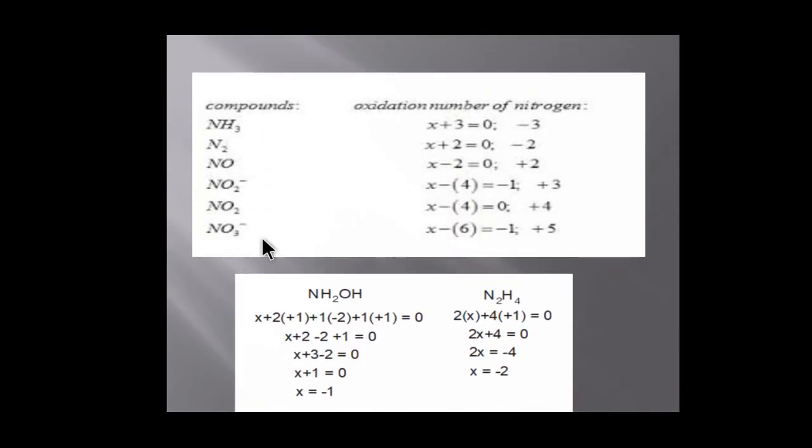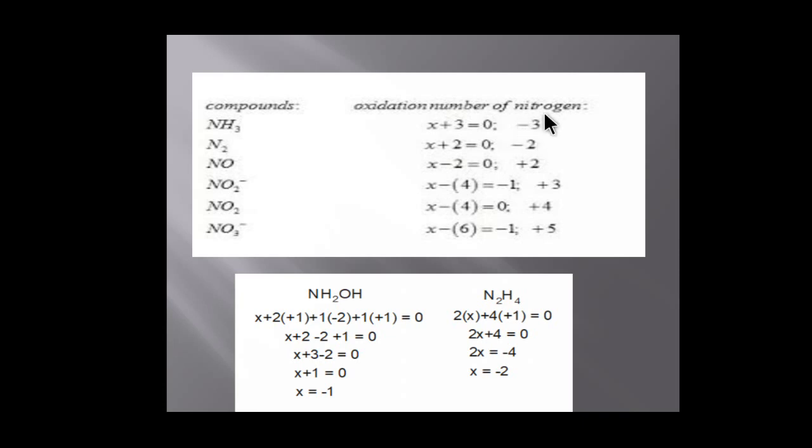Now an example for calculating the oxidation number. In case 3 we are going to calculate the oxidation number of nitrogen. We consider X plus 3 moles of hydrogen, so 3, equal to 0, the charge. So taking X outside, we get minus 3.